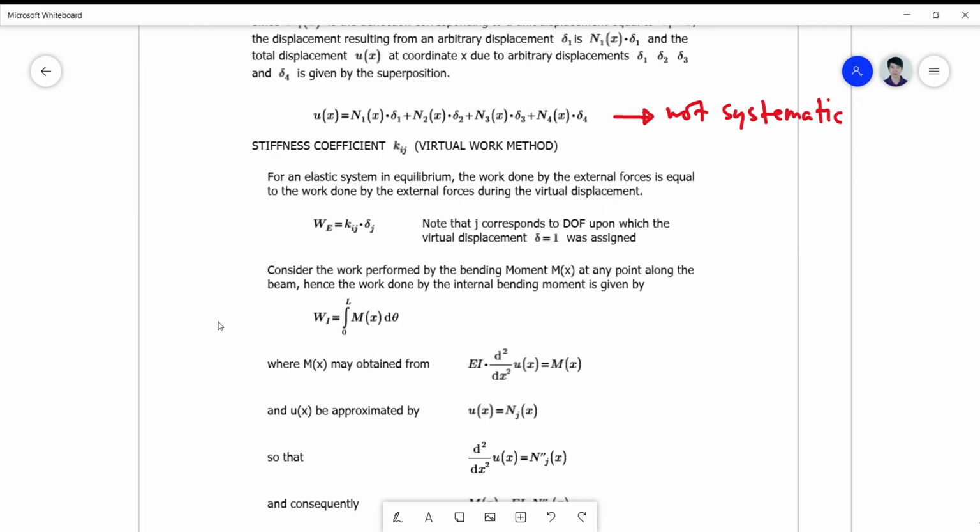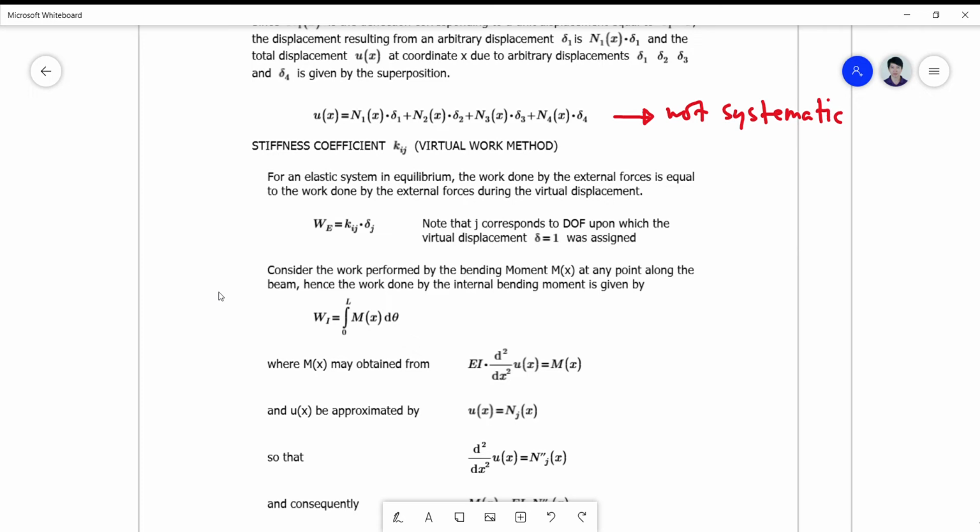Although there are a lot of methods used, you can use the mechanics approach, the classical solution, the slope deflection method, work energy. This is a work energy solution, but there are other work energy equations that you can use to formulate your structure stiffness coefficient Kij.